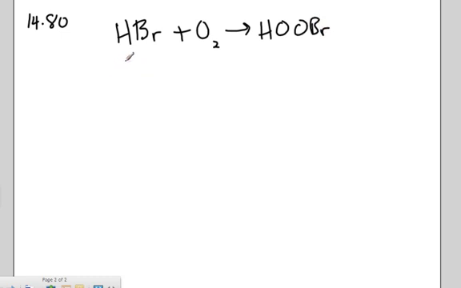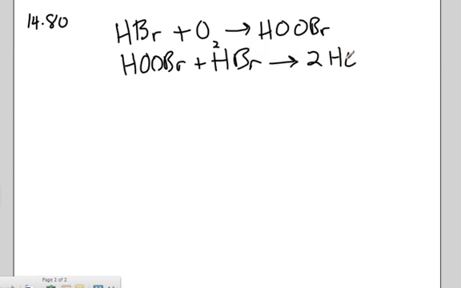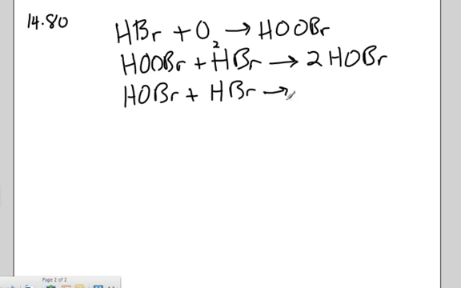Anyway, let me rewrite these three steps for the mechanism, and we'll go through the first part where we have to come up with the overall equation. All right, so this is what's given.